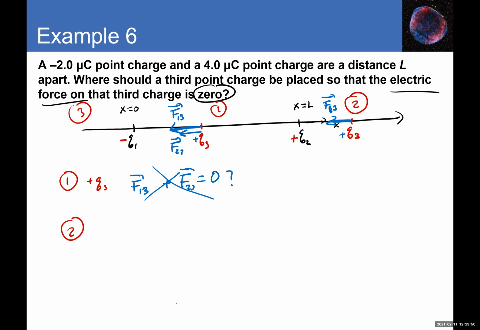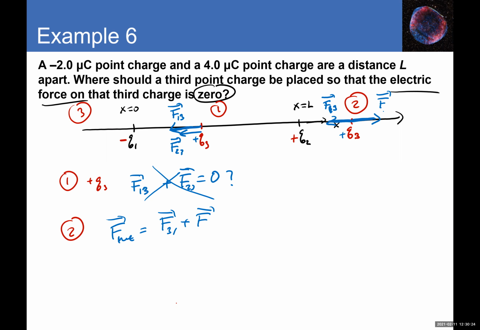Force from Q2, because Q2 is positive and Q3 is positive, is going to be repulsive, away from Q2. Well, then here's that force over there. F2 on 3. All right, seems like we're getting there. So F net, which is then F13 plus F23, sorry, I got this one wrong.